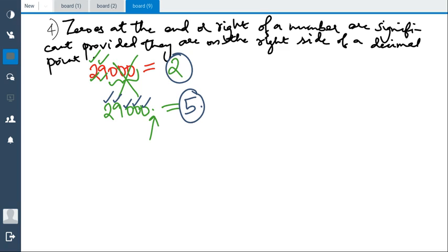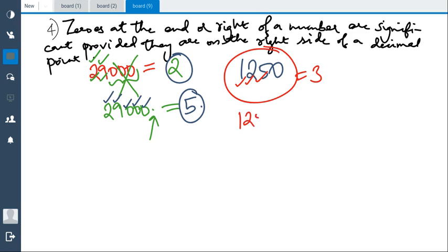I'll tell you once more. If I have a number 1250, how many significant digits? You cannot see a decimal point, so the total will be 1, 2, 3. But if I write 1250 with a decimal point, then the total will be 1, 2, 3, 4. Why 4? Because there is a decimal point over here. Easy?